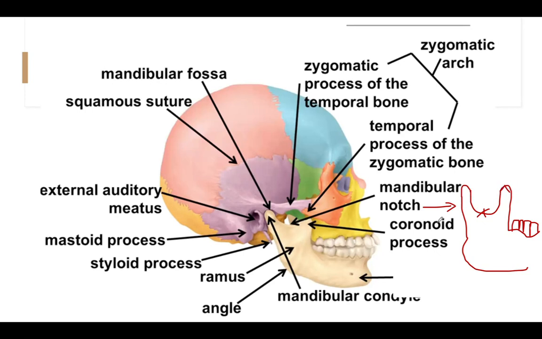The coronoid process is flat, where the mandibular condyle is more of a bony projection coming out. The mandibular condyle extends laterally and is kind of large, so you could put a good grip on it, whereas this is just flat and really skinny.